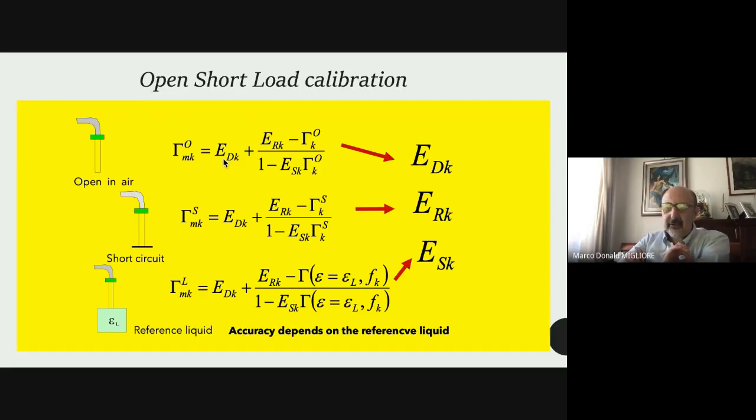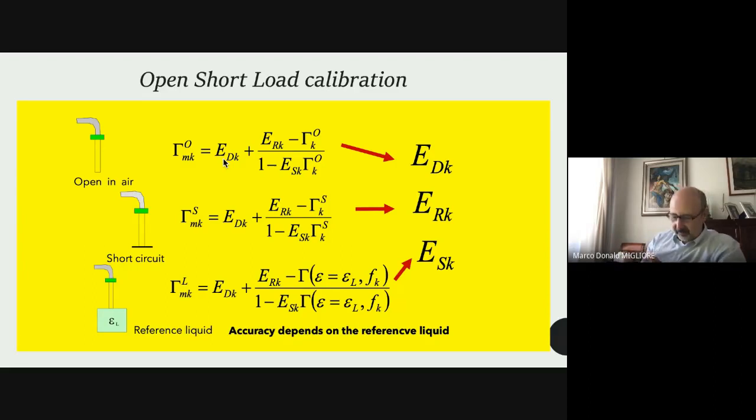And furthermore, the permittivity depends on the temperature. So the accuracy is limited, and this limits the accuracy of the final measurement. In order to overcome this, we can, let us say, face the problem according to how we face the inverse problem. We can use the information on which we trust the most.